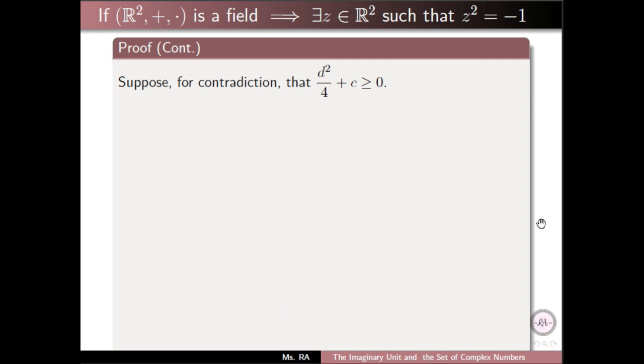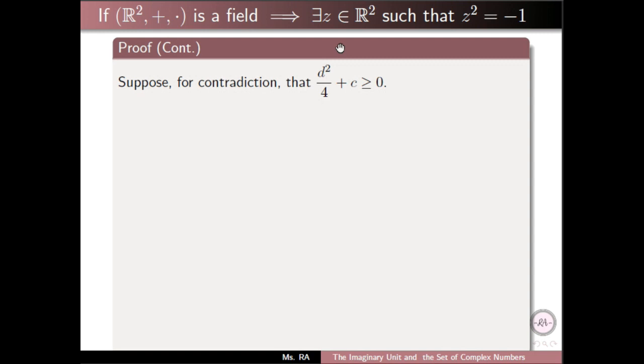Now, remember that from the previous slide, what we want is to show that d squared over 4 plus c is less than 0. Now we are going to use proof by contradiction. So suppose for contradiction that d squared over 4 plus c is greater than or equal to 0.